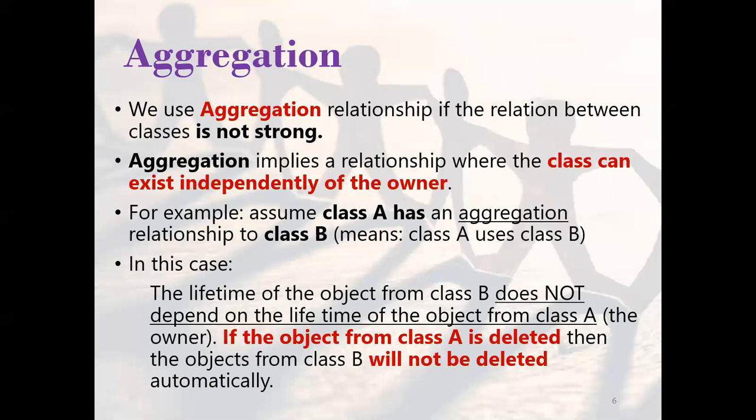Why? Because the existence of each student, Kathleen, Agis, and Kenneth, is not dependent on the existence of the OOP subject. Even if the OOP subject is deleted, each student that belongs to OOP should not be deleted automatically, because that student can enroll in another unit, another subject.